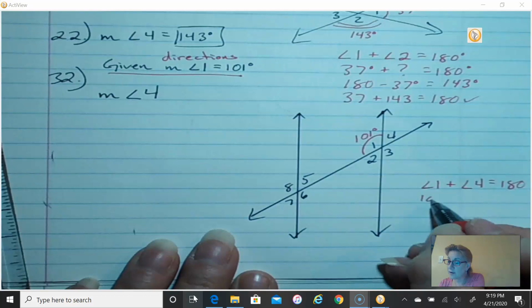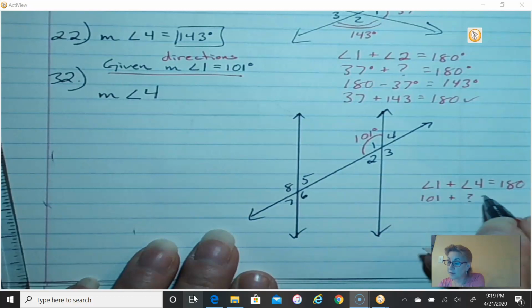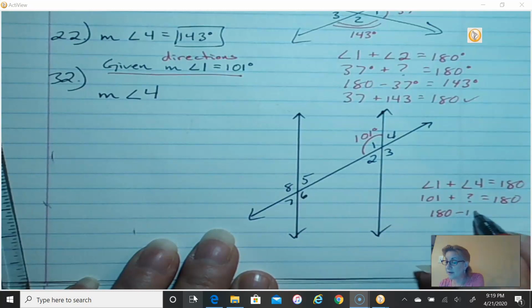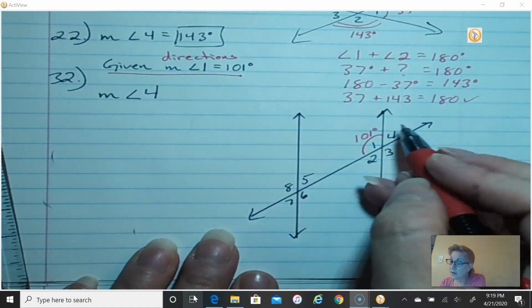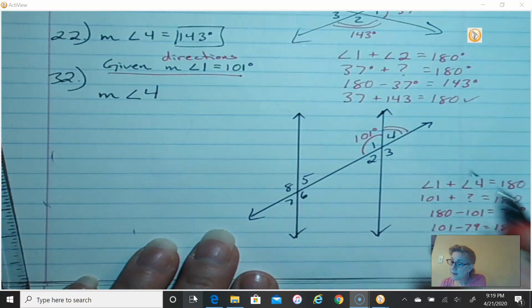Angle 1 is 101 plus whatever is going to give us 180. We can subtract 180 minus 101. That gives us 79 degrees. And we can check that by adding it. So then angle 4 is 79 degrees.